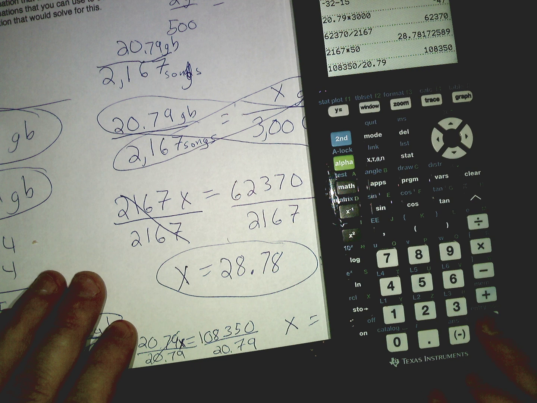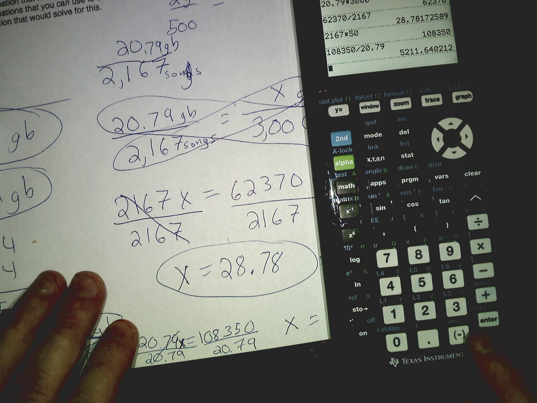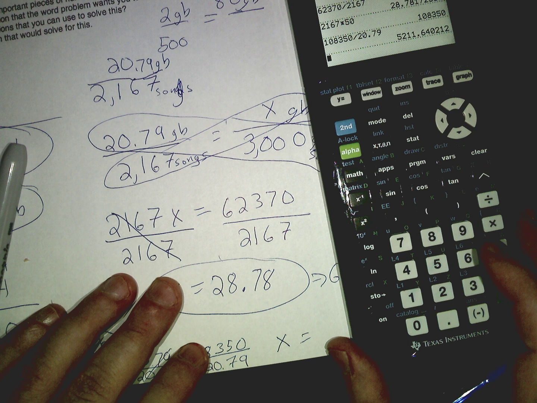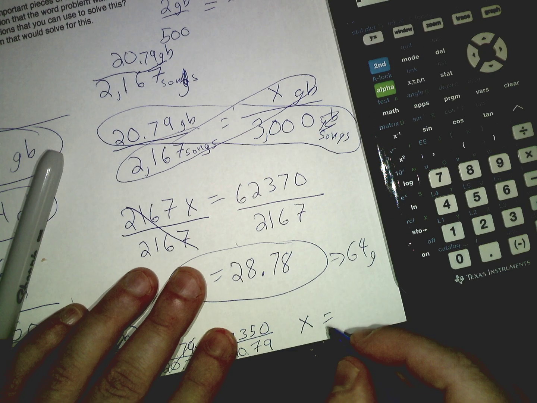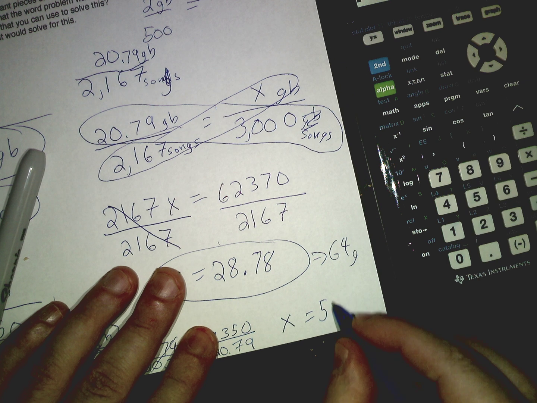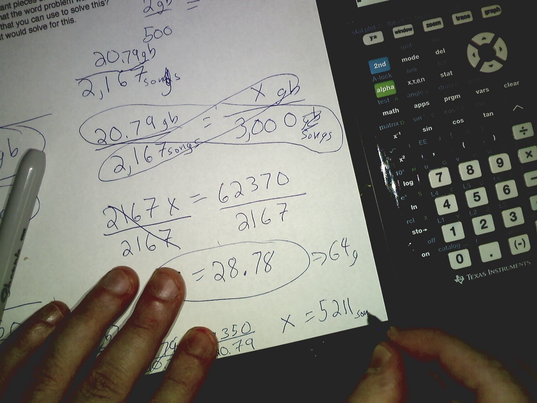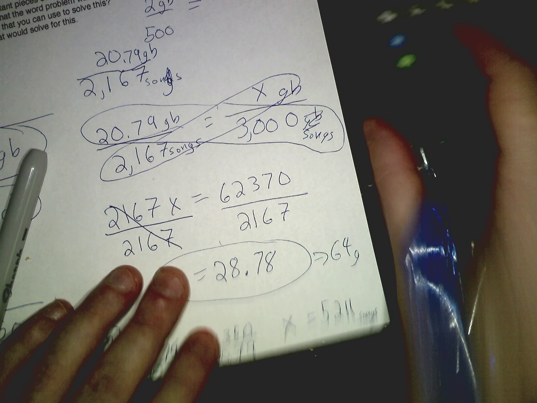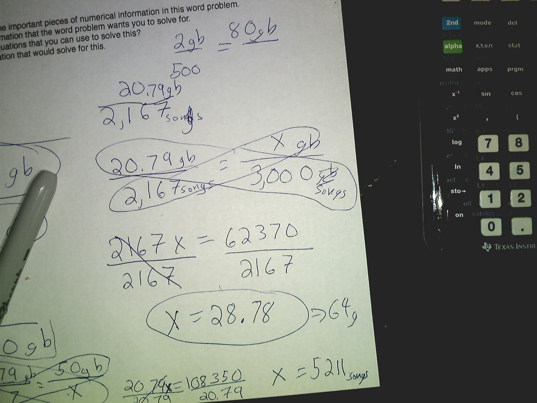How many songs? And I hit my enter, I'll find out my answer. Wow. So if I go for it, that extra space gives me 5,211 songs. The decimal doesn't mean anything. You can't hold part of a song, right? So that's pretty interesting.